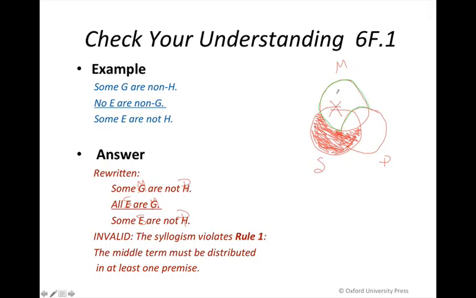But we don't know if the M that is not a P is also not an S or is an S. Consequently, since we don't necessarily have an X in this area of S that is outside of P, our conclusion doesn't show up.